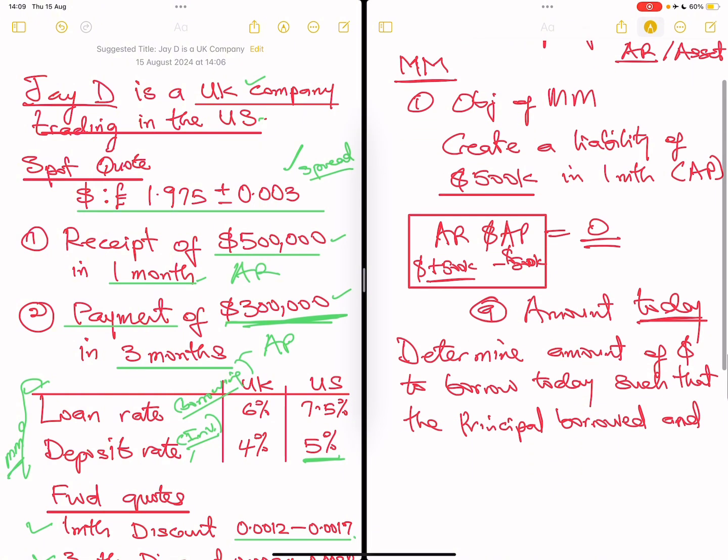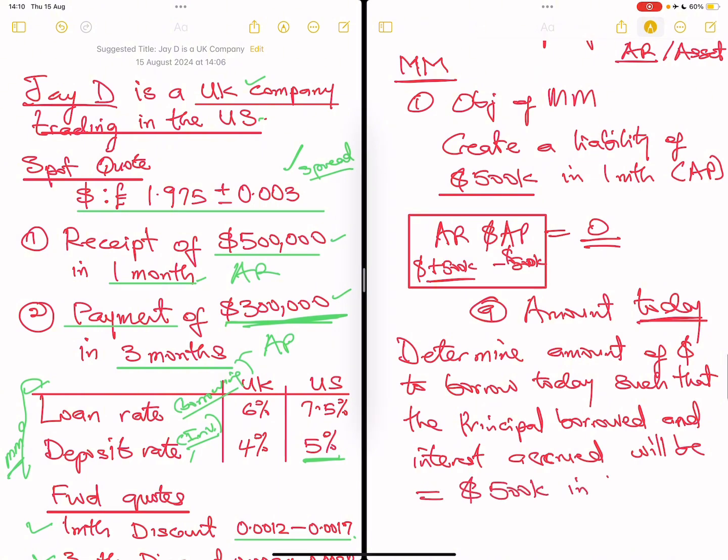It's not for free. So the interest accrued will be equal to 500,000 in 1 month.